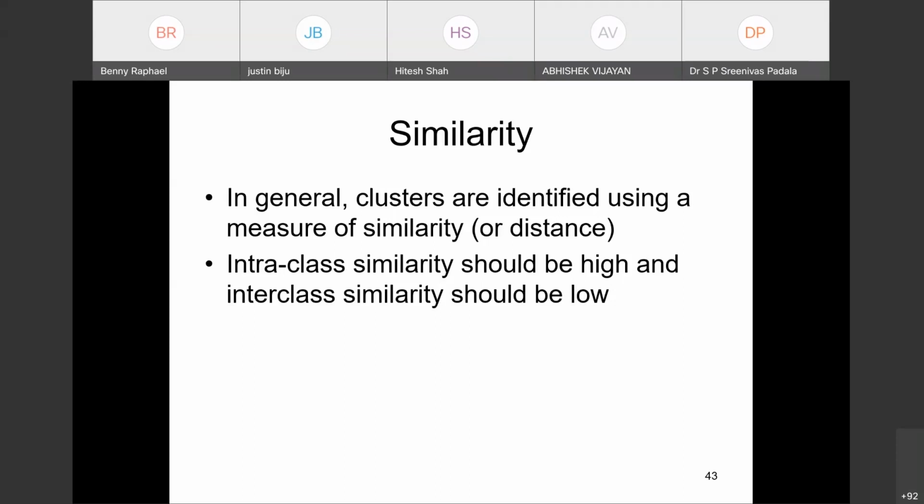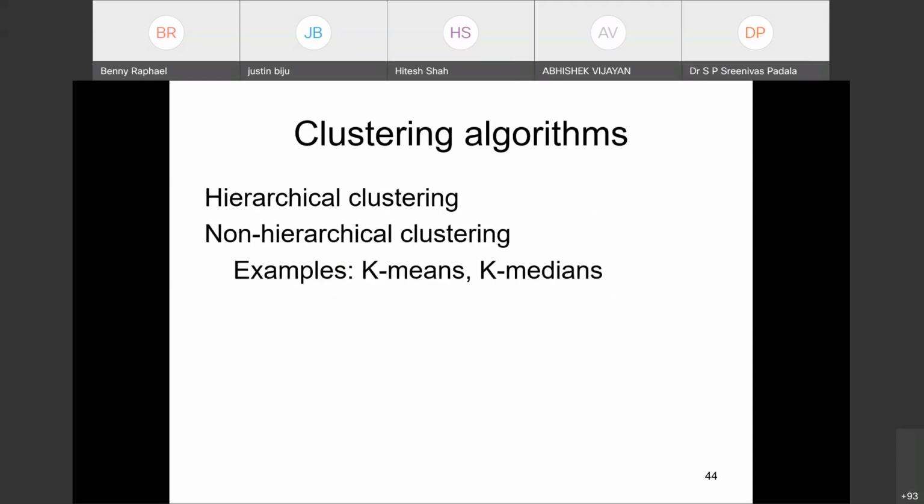Basically we calculate the distance between 2 points within the data set, and points which are similar, that is having minimum distance, are put in the same cluster, and we also want to maximize the distance between clusters. So we say intra-class similarity should be high and inter-class similarity should be low. This is how we try to form the clusters.